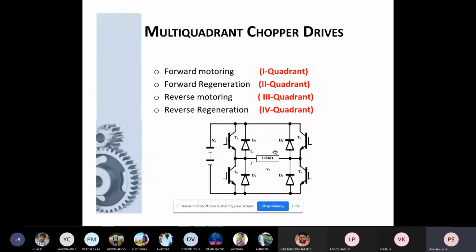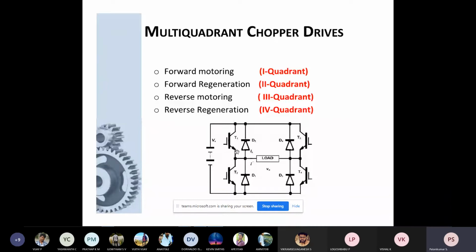Because there is no provision for continuously maintaining the speed, the speed of the motor will drastically come down. That is why it is called forward braking. So forward regeneration and forward braking are one and the same. Likewise, reverse regeneration and reverse braking are one and the same. So you should not confuse them.